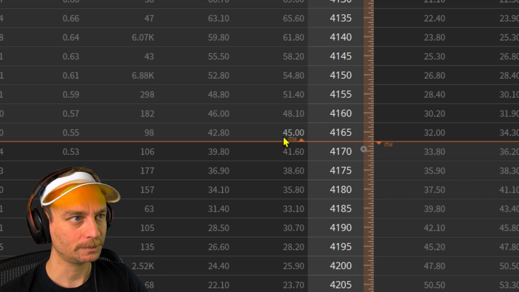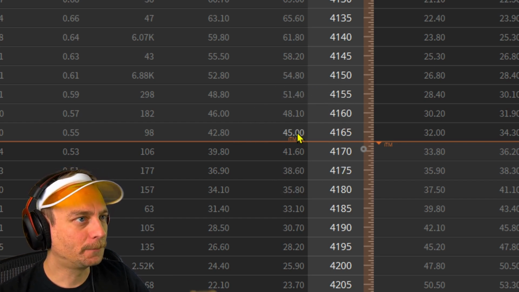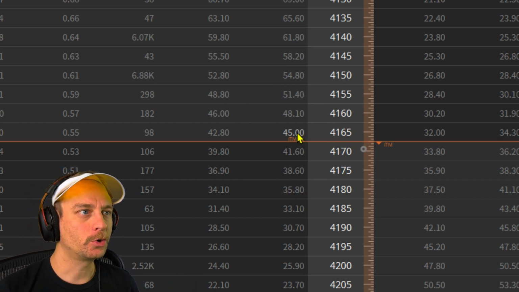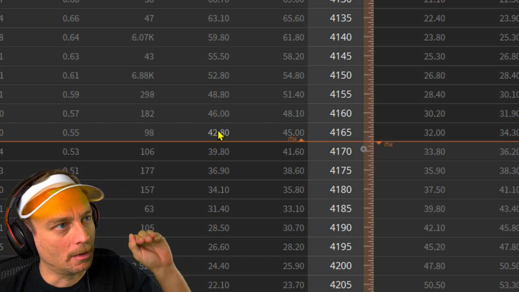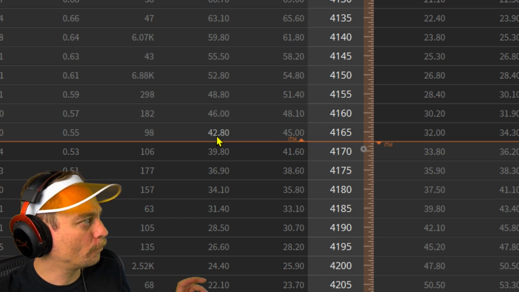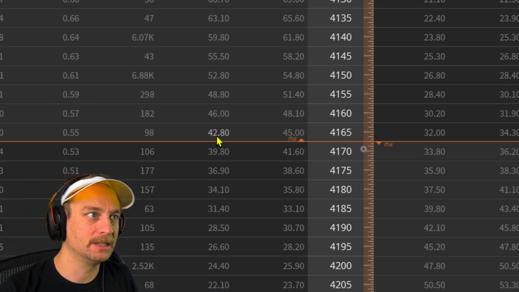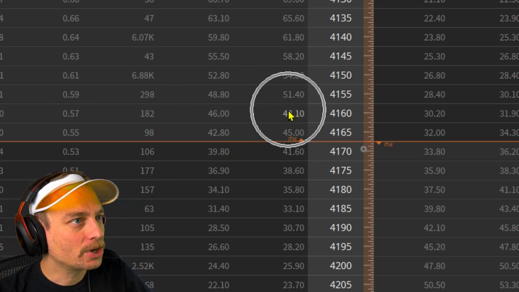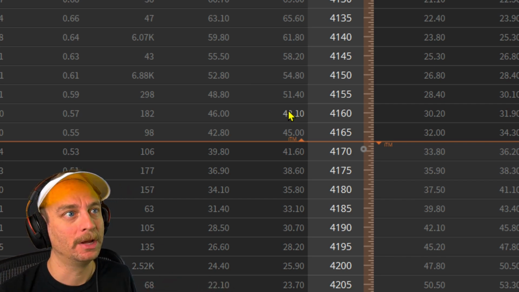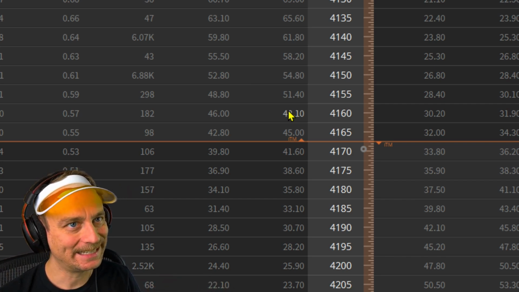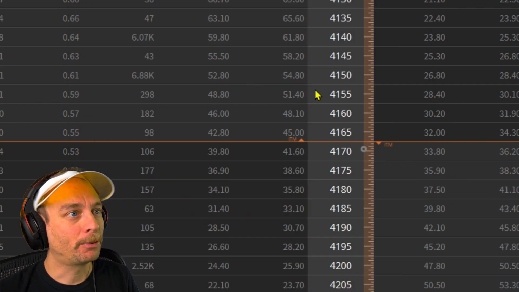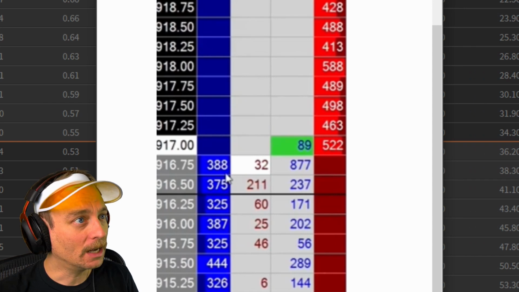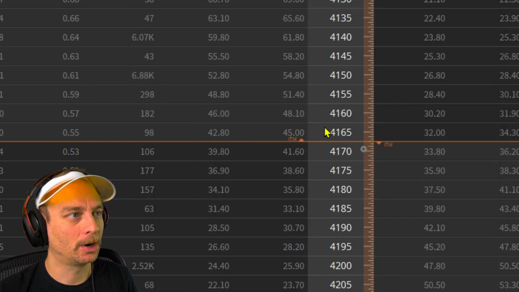So right here above this 45, there's going to be a bunch of offers. And then right below this bid of 42.80 is going to be a bunch of bids. Again, these numbers up here are like their own DOM. So the price of 160 has its own depth of market like this. The price of 155 also has its own depth of market.